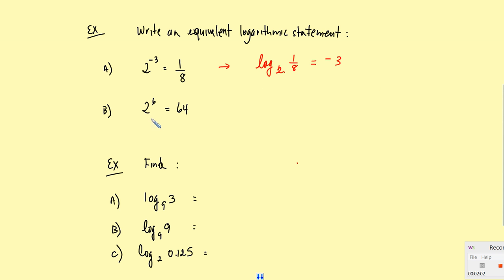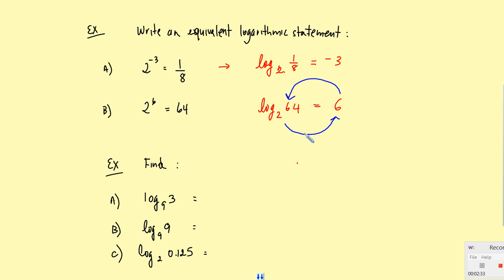If I wanted to rewrite 2 to the power of 6 equals 64 as a logarithm, then it would be log base 2 of the number 64 has to equal 6. Remember, if we look at this with that snail explanation, it would be like saying 2 raised to the power of 6 equals 64.